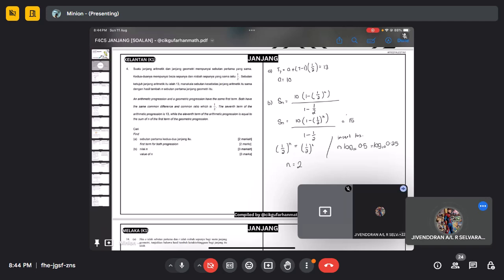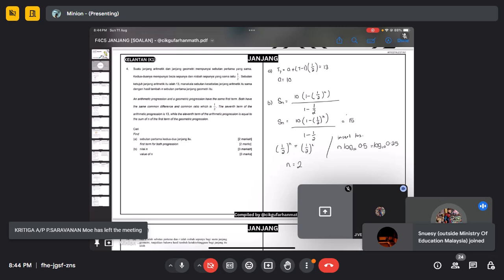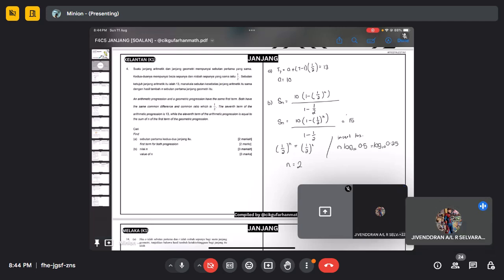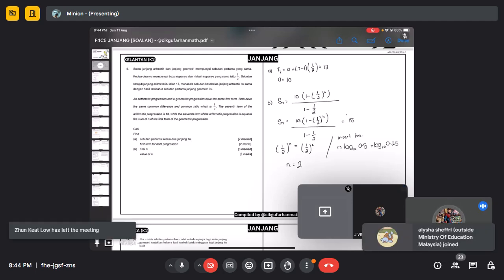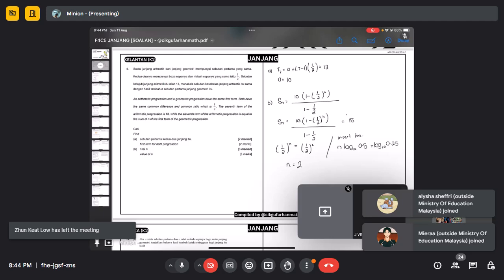I'll explain B. They asked to find the value of n, and you can use the Sn formula and just substitute the values inside, and then after substituting we'll get Sn equals to 15.